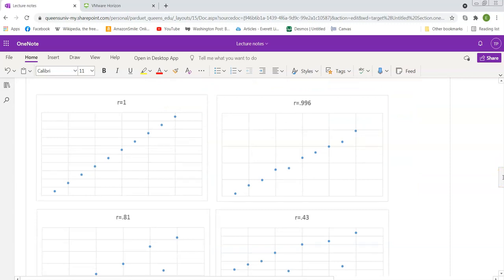So just to give you a little bit of intuition about what a scatter plot for various correlation coefficients would look like, I just created a bunch so that you could see. All of these are positive, so they're easier to compare. This is a perfect relationship. This is actually called deterministic, when you've got a relationship where the correlation is exactly 1 or -1.